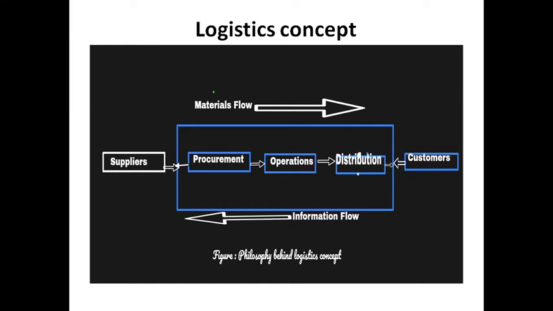Then the distributors may send information in the form of order placing or the complaints that are coming from customers. Those will be made known to the various departments of the organization, maybe the marketing department or the research and development department. In this way the information flows from customers to the suppliers' point.